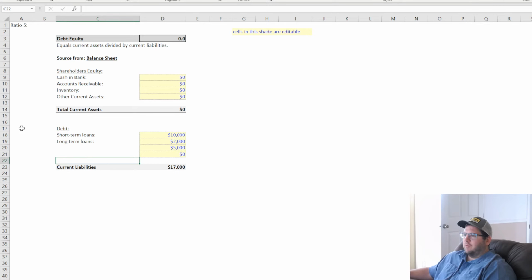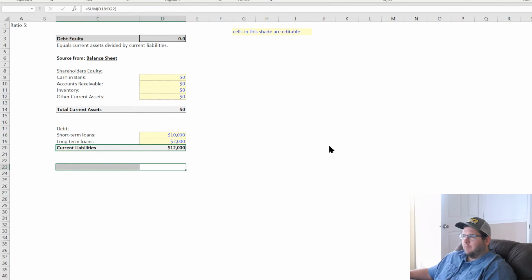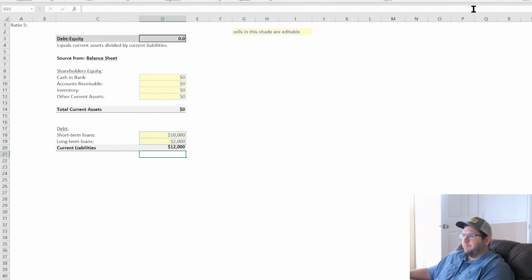That's a simple one. I mean, it's either short or long-term loan. There's nothing else for debt. And then the ratio is going to be debt divided by this, so book value of shareholders' equity.